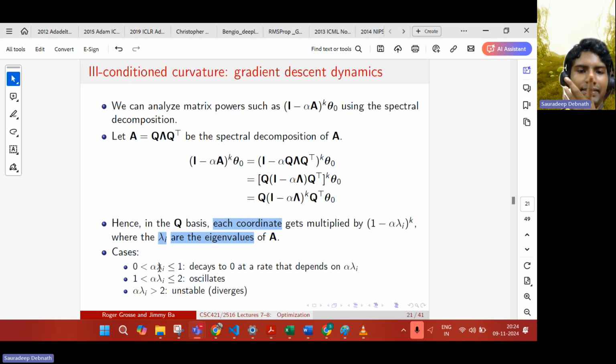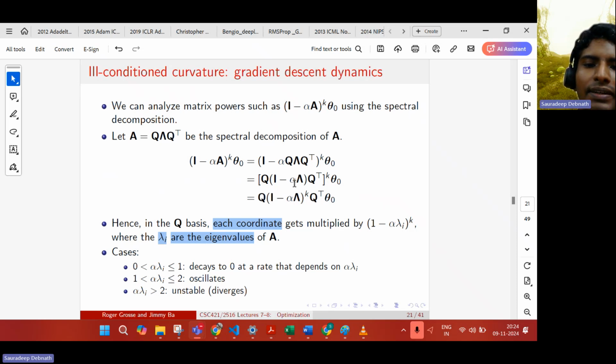Now suppose 1 minus alpha lambda, and let's consider different cases. If it's negative, and when will it be negative? When alpha lambda is higher than 1.